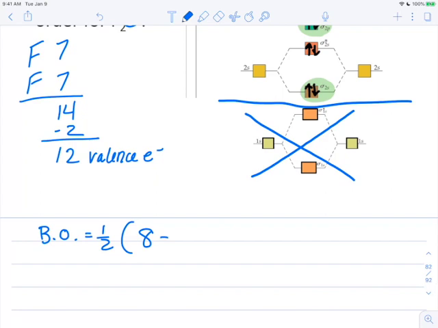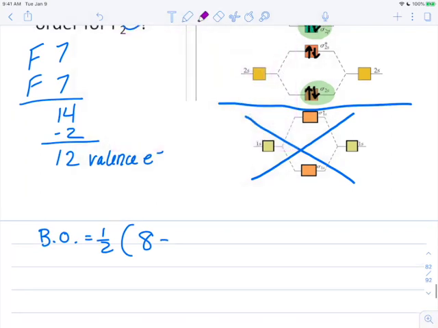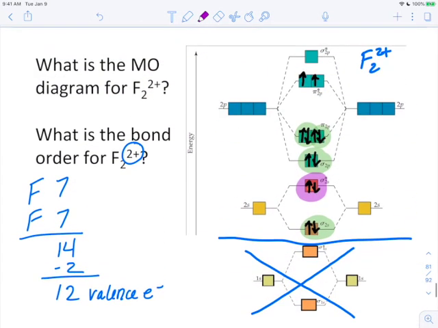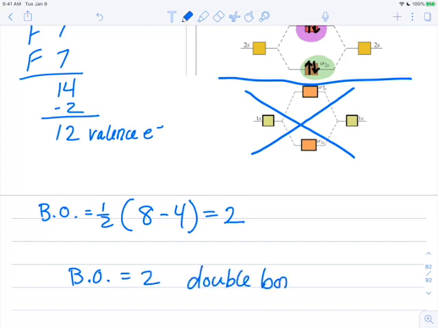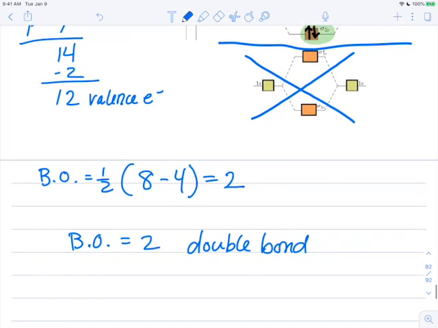So 8 minus anti-bonding, 2, 3, 4. And 8 minus 4 will give us 4. Divide by 2 will give us 2. So we have a bond order of 2, which predicts a double bond. All right, questions about anything we did for this problem here?